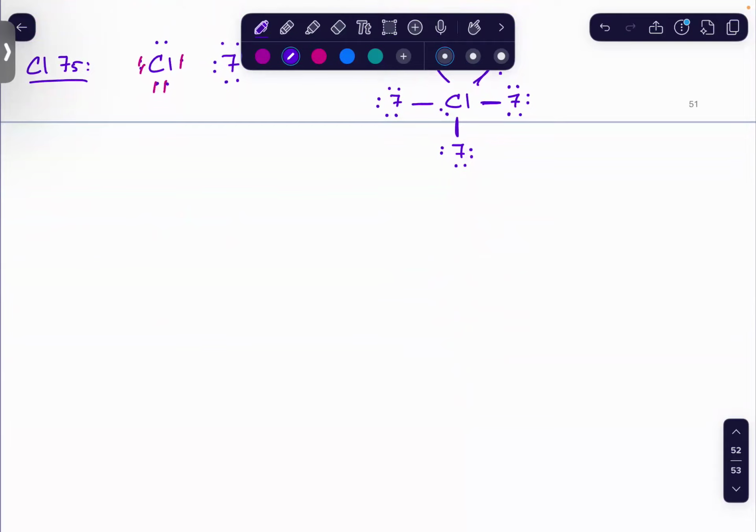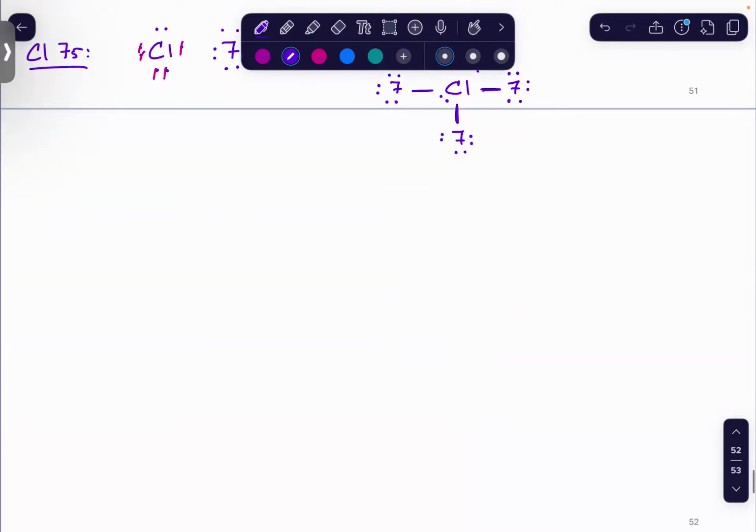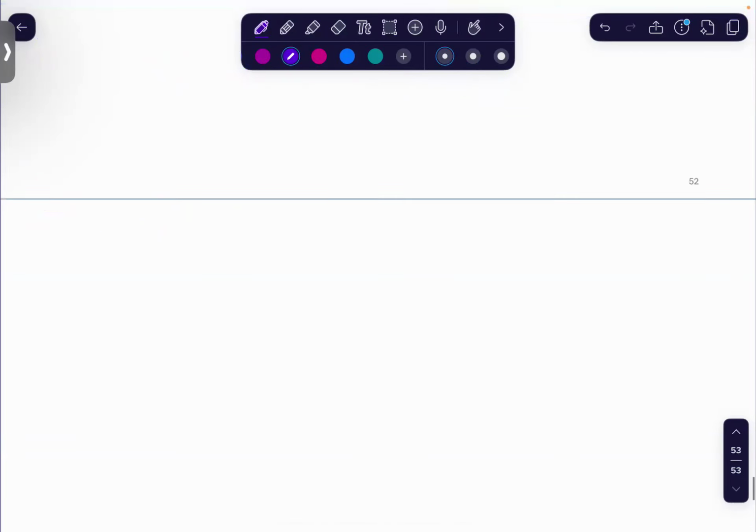Okay, so then let's look at XeF4. Xenon is a noble gas, so it has all eight of its valence electrons. Fluorine has seven valence, but I need to put four of these fluorines around the xenon, so let's do that.